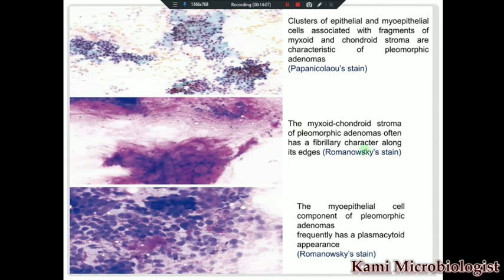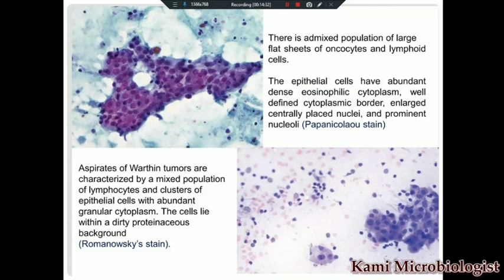The second is the Romanowsky stain, showing the myxoid chondroid stroma of pleomorphic adenomas, which often has a fibrillary character along its edge. The third picture is also a tumor field, showing the myoepithelial cell component of pleomorphic adenomas, which frequently has a plasmacytoid appearance.